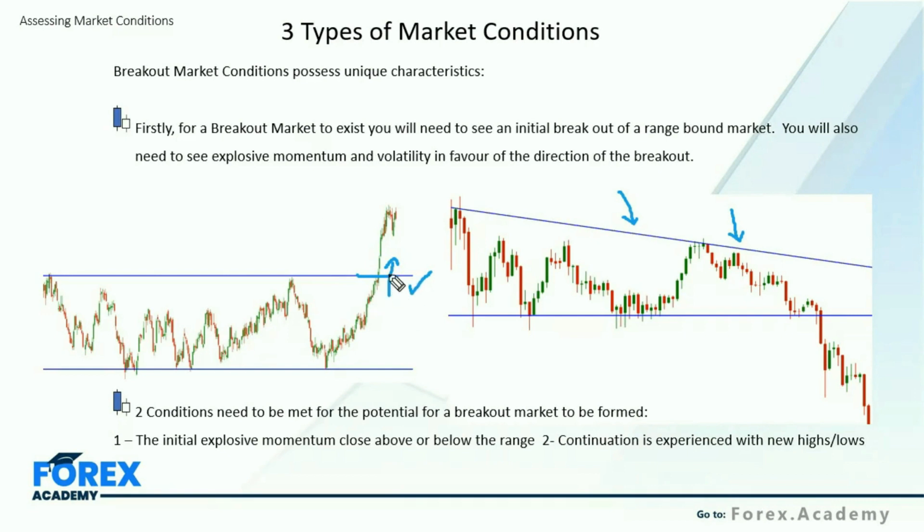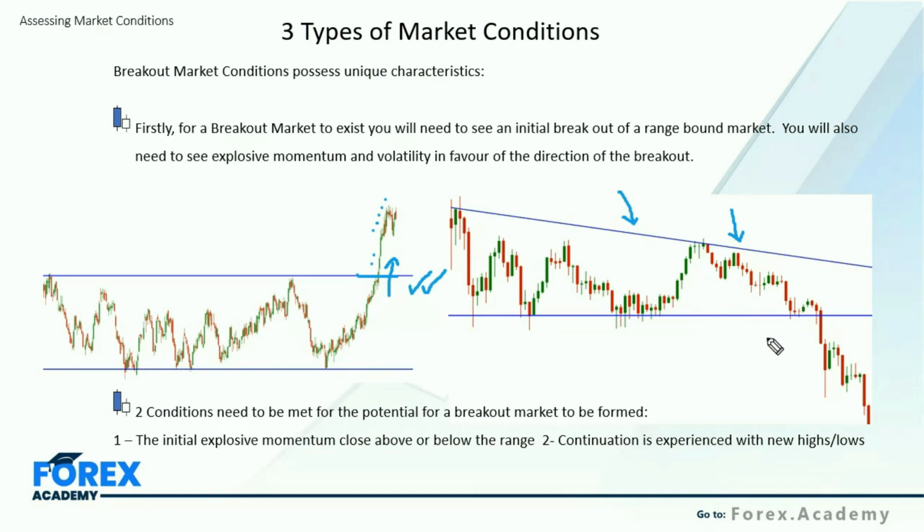And in this case, it's above the range. And do we get continuation with a series of new highs in this particular occasion where we're getting this constant sort of pushing of prices? The answer is yes, we do. So this is a classical understanding of a breakout market, and it ticks those particular boxes.